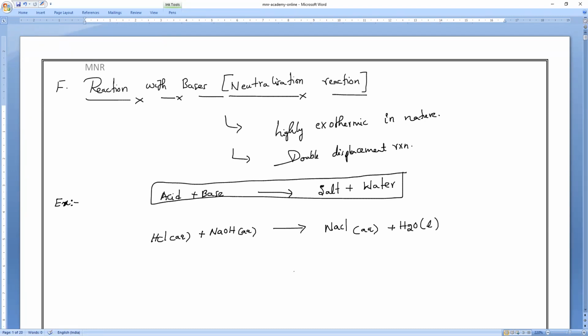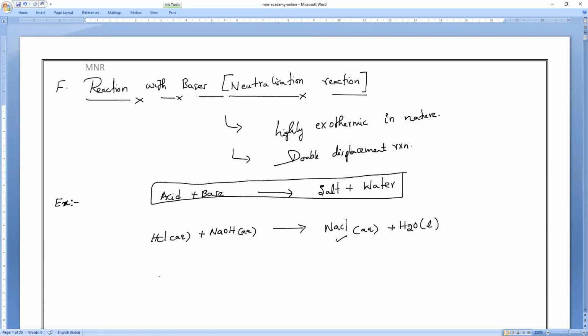Water. Remember, salt means not only sodium chloride, any salt can come. So this is the reaction with the bases. Whenever acids react with a base, they form salt plus water. That is what we call a neutralization reaction.